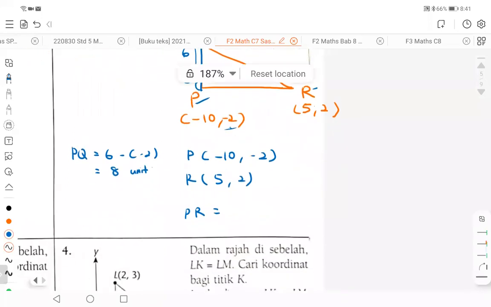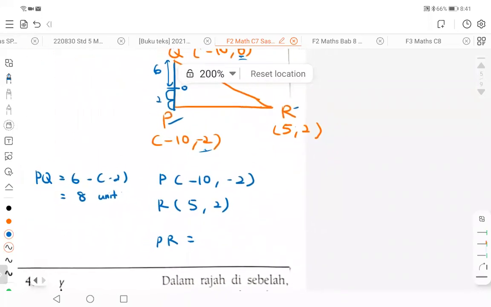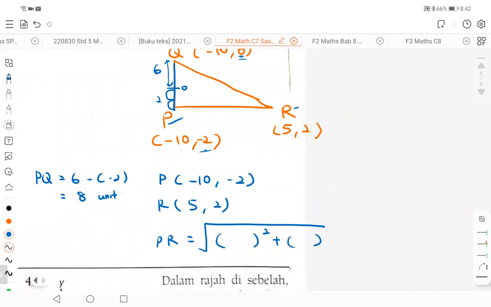PR, square root, bracket square plus bracket square. So the first bracket will be the x, go down, column, -10 minus 5. Next one, -2 minus 2. Then just key in calculator and get the answer.